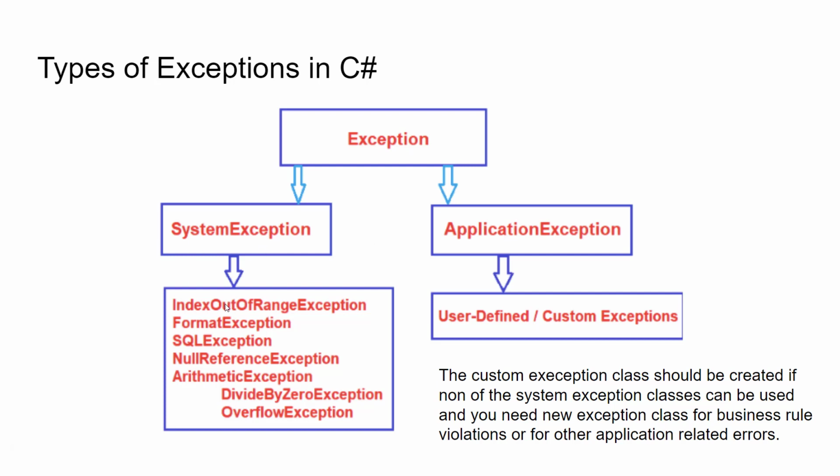System exceptions generally refer to those predefined by the .NET framework and given by the system, for example, out-of-range exception, format exception, null reference exception. Application exceptions refer to user-defined custom exceptions. Later we will demonstrate how to create a custom exception.